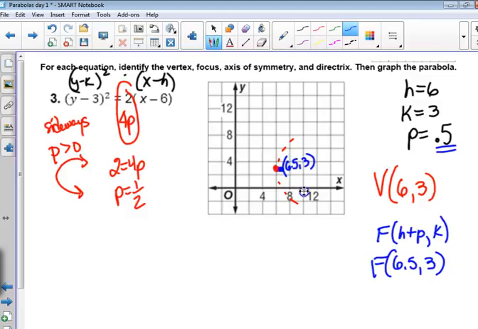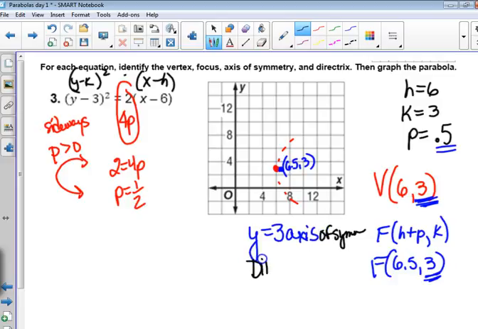Can I skip drawing the axis of symmetry at least? Because it's going to mess up my picture. Can you find me the axis of symmetry? What line goes through there? Y equals 3. Guys, it should be what they have in common, right? They have in common a y value of 3, because the line is going to go through both of those. All right. That was the axis of symmetry. What am I missing?